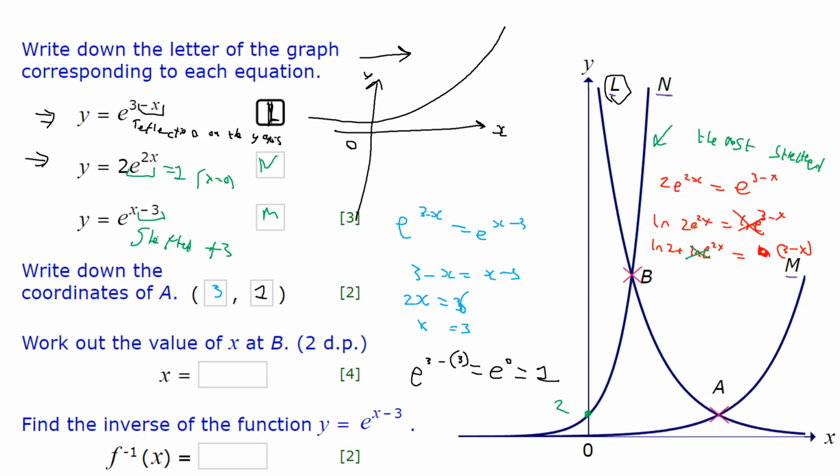So now we can solve a simple equation. Ln 2 plus 2x is equal to 3 minus x. Which means that, with some simple rearranging, x is equal to 3 minus ln 2, all divided by 3.